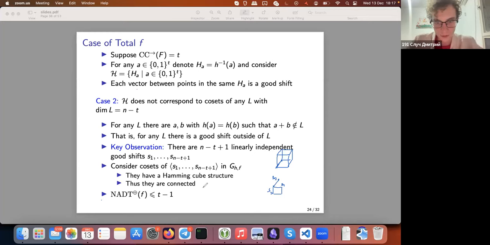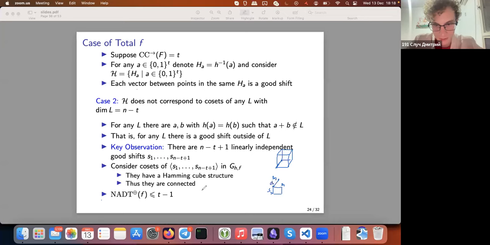To be more formal, the mapping will work in the following way. We have vertices of a cube, and we take some vertex of the coset, let it be vertex alpha.